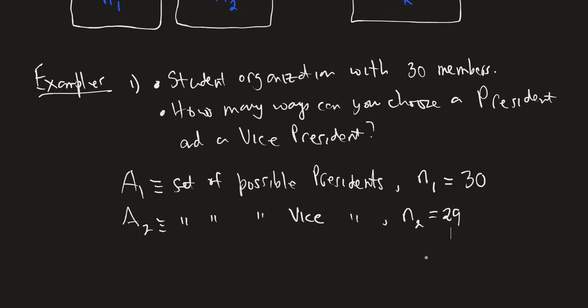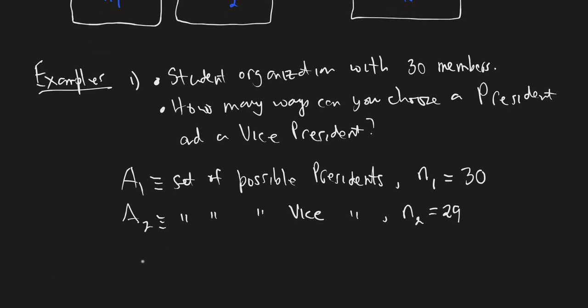So the total number of ways, using our principle, is n1 times n2. So that is going to be 30 times 29. You guys could do your mental arithmetic.